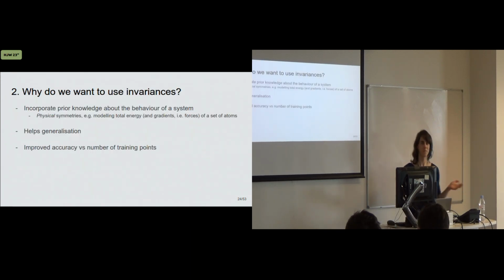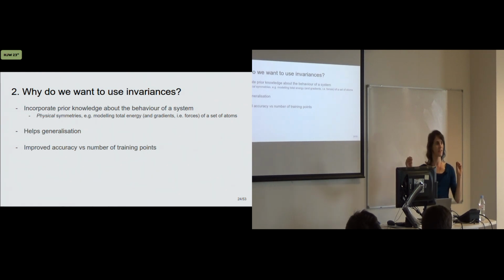So I already mentioned some reasons for why we want to use invariances, but just to summarize, they basically allow us to incorporate prior knowledge about our system. So physical symmetries that we know must be obeyed by what we're trying to model. That allows us to make sure that our model is consistent with physics.